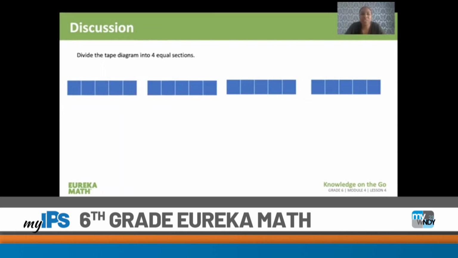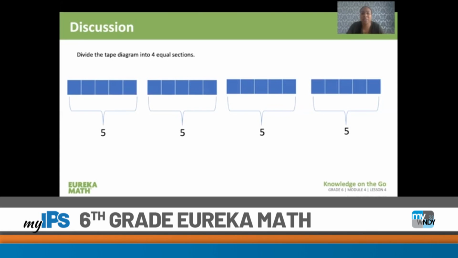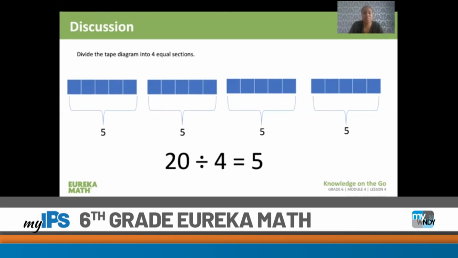How many squares are in each of the 4 sections? That's right, 5 squares are in each section. Take a moment to write a number sentence to model what we just displayed with our tape diagram. Our number sentence will be 20 divided by 4 equals 5.